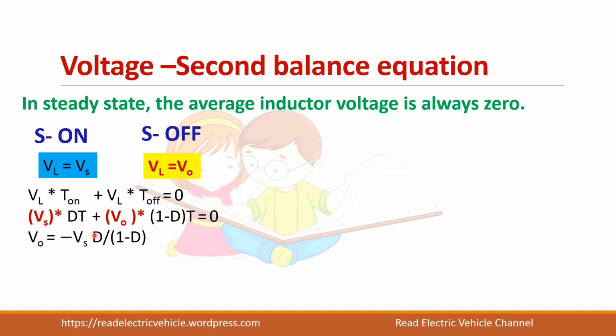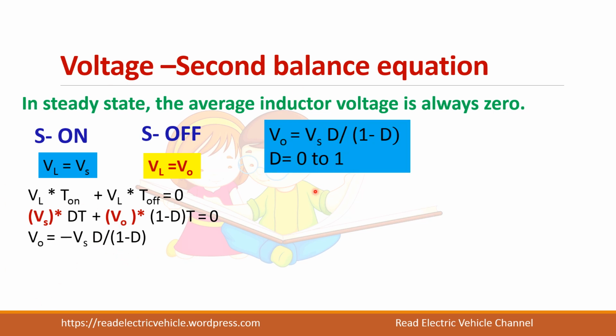D into Vs is a buck operation. 1 minus D into Vs, you will get for a boost converter. So in the buck boost converter, you will get D divided by 1 minus D. It is not always necessary to mention this negative sign. It is used to show that it is called an inverted output converter.